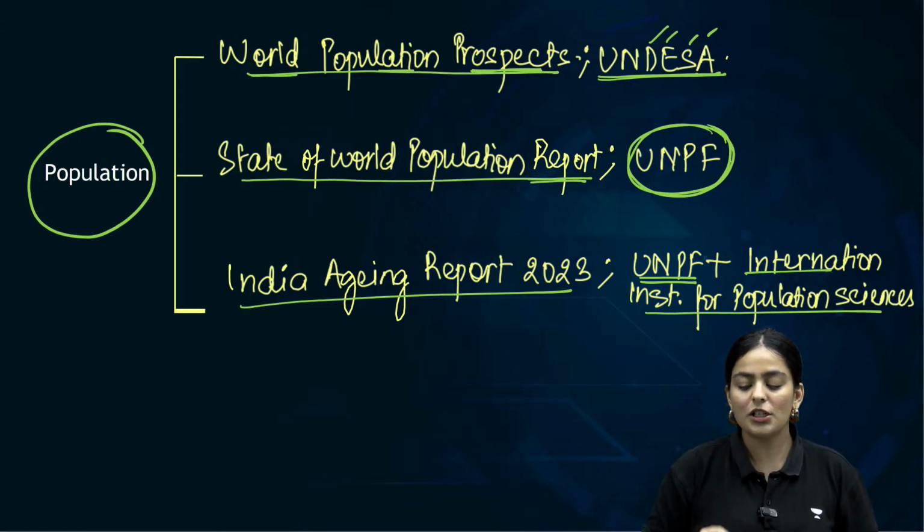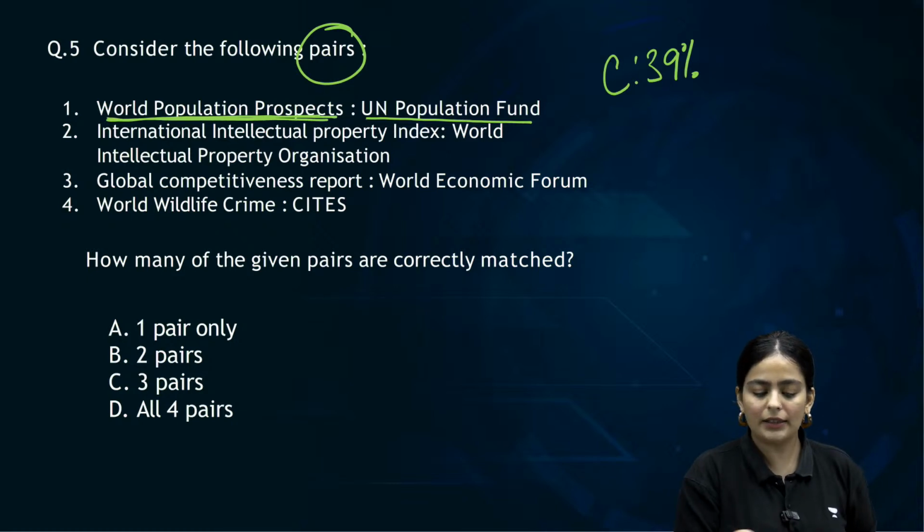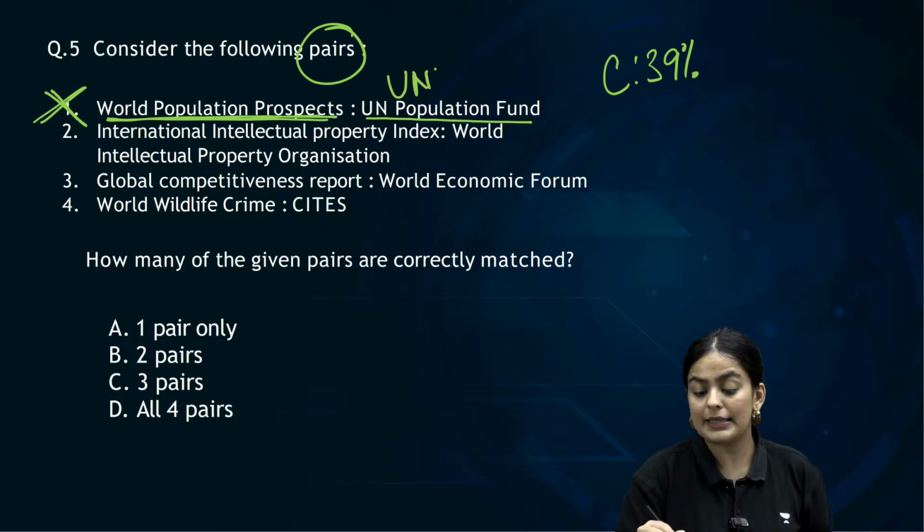Please understand the difference between the World Population Prospects and the State of World Population Report. Clear? So the first is incorrect because this is UNDESA.